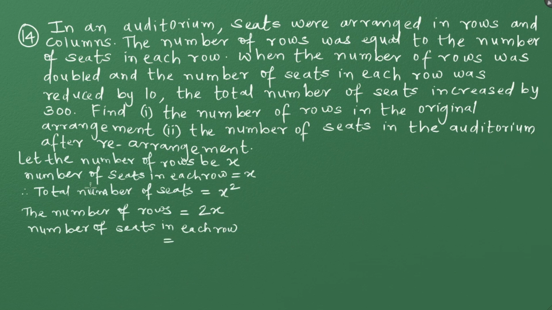So the number of seats in each row is x, and it is reduced by 10 when the number of rows is doubled. So this becomes x minus 10. Now the total number of seats equals 2x multiplied by x minus 10.